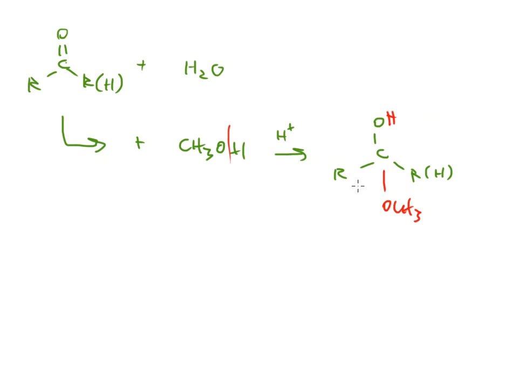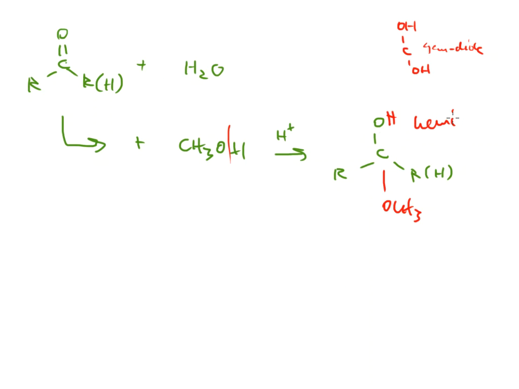Now, we have a particular type of term that we like to use for this product. In other words, before, we had carbon with an OH and an OH, right? So these two OH groups onto the carbon were called gem-diols. There you go, gem-diols. Well, we also have a special term for this, and we call this a hemi. Okay, well, it's a hemi what? There's got to be something else with it.